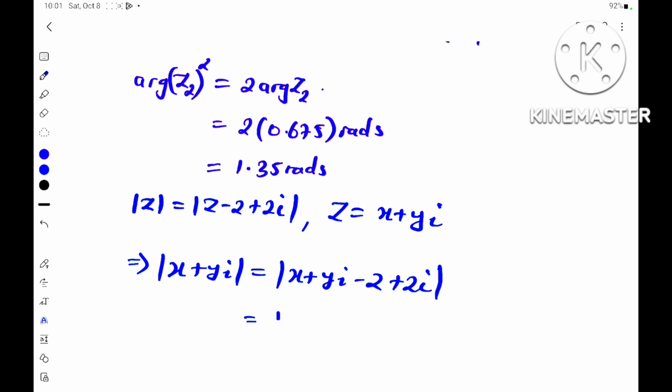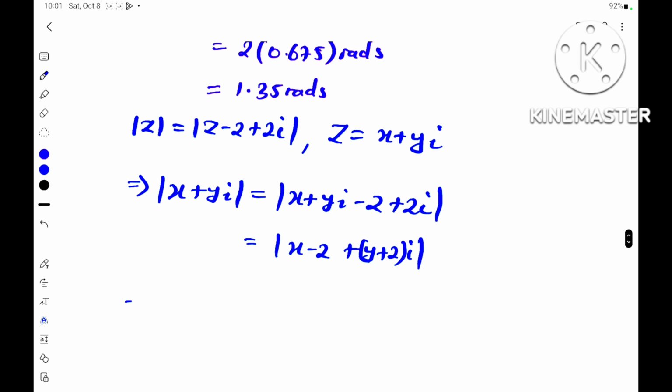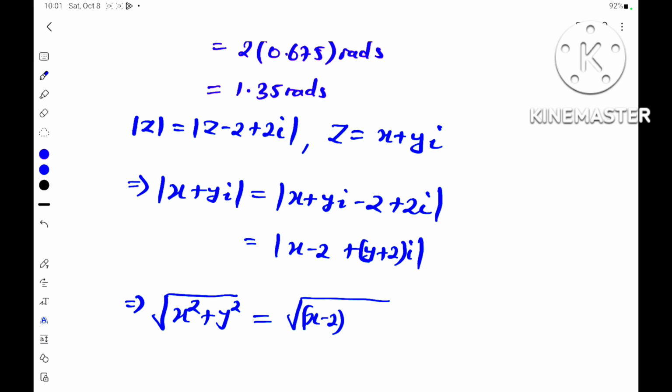So this is equal to the magnitude of x minus 2 plus y plus 2, all multiplied by i. So this implies that the square root of x squared plus y squared is equal to the square root of x minus 2, all squared, plus y plus 2, all squared.